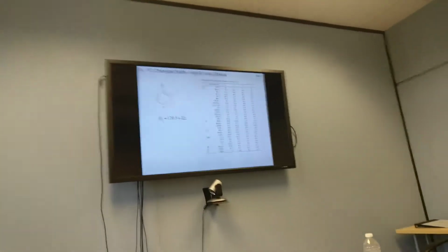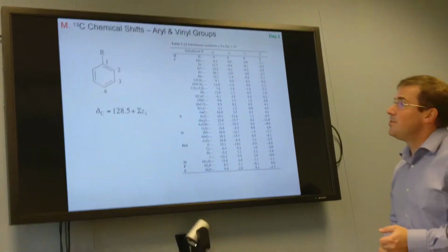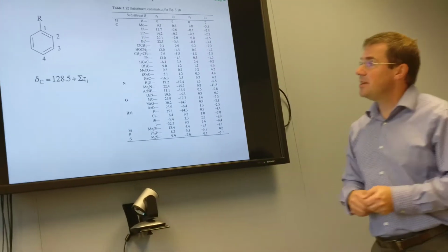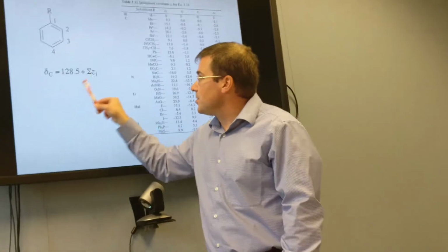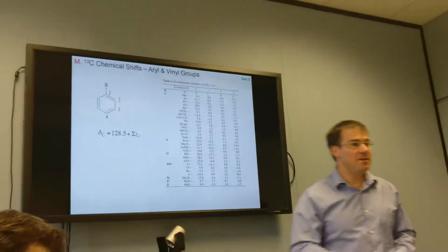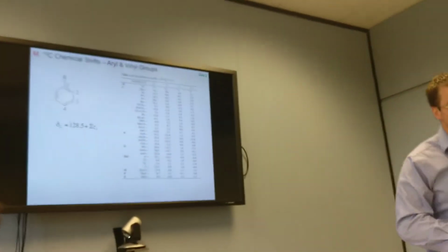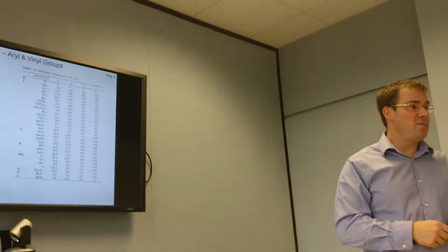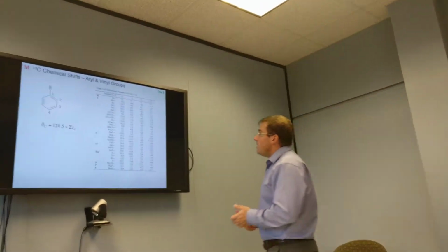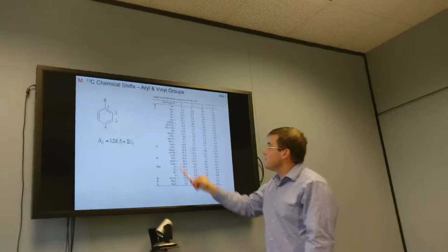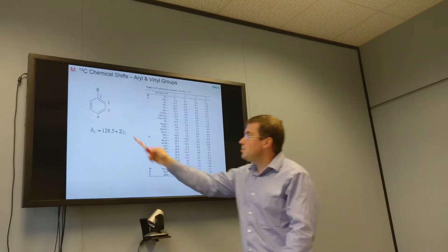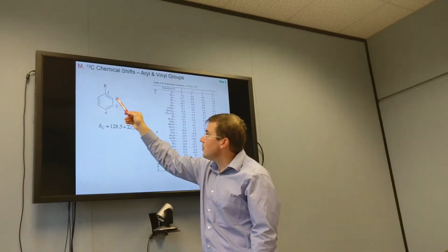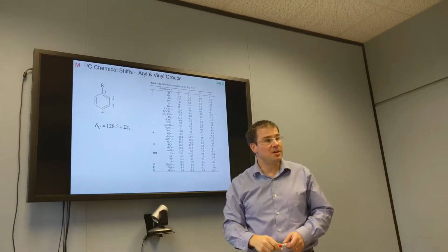Okay, more additivity tables for carbon chemical shifts in aromatic rings. I think you get the idea by now. You start with the parent system, which is the carbon in benzene in chloroform, comes in at 128.5 parts per million. And then you take into account all of the substituents that are attached at the ipso position to the carbon you're interested in, and at the ortho, meta, or para positions.